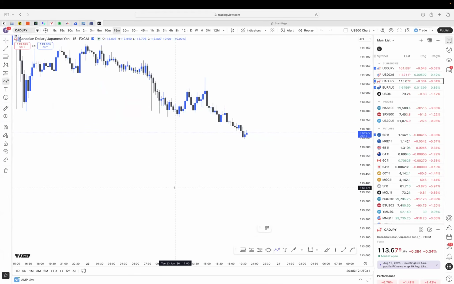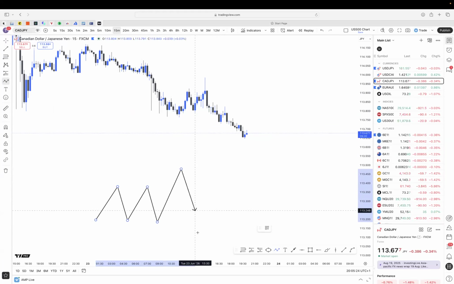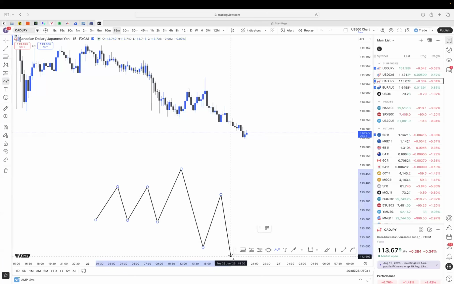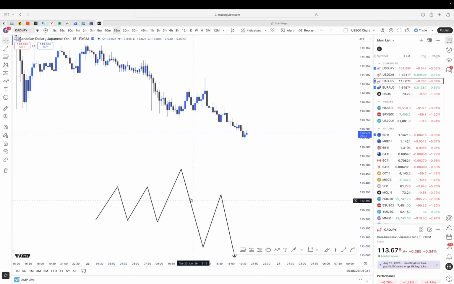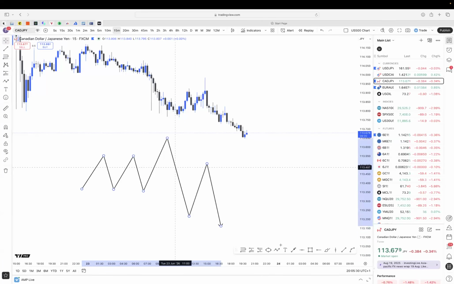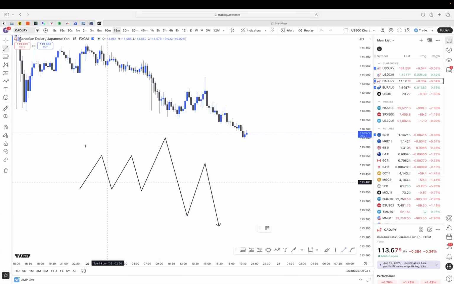Everything since I've started making money trading, so since 2020, I would say, the fundamental model, genuinely my favorite model I've ever traded, is this.